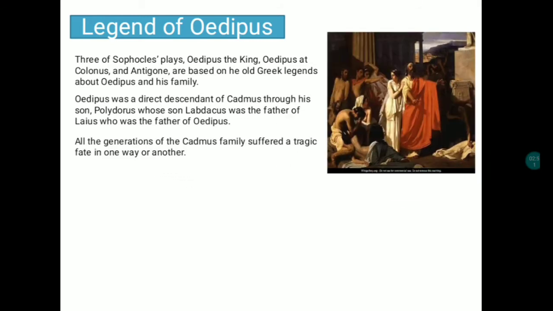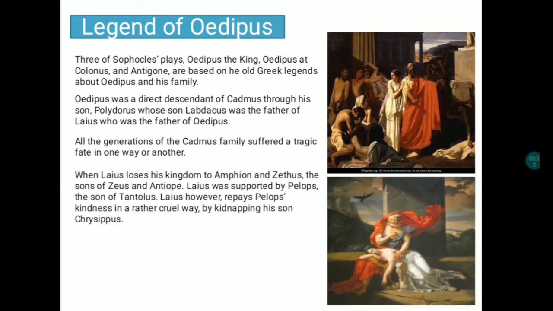Now all the generations of the Cadmus family suffered a tragic fate in one way or another, and that tragic fate came because of Laius, when in a combat Laius lost against Amphion and Zethus.